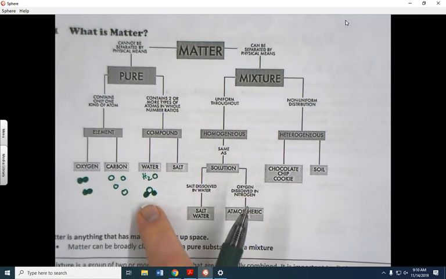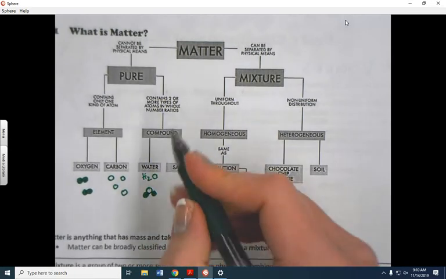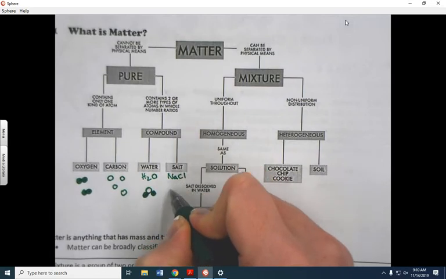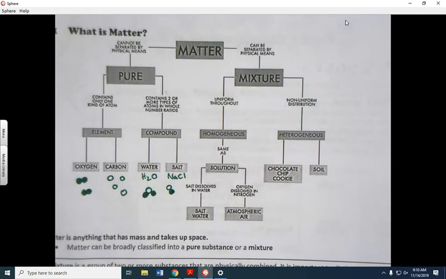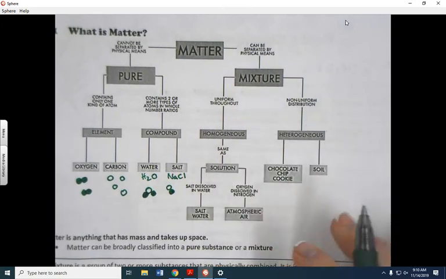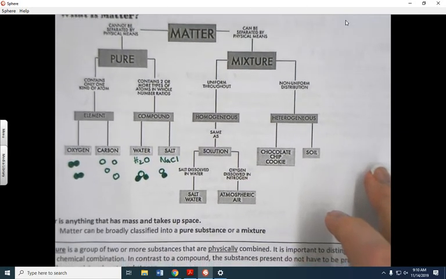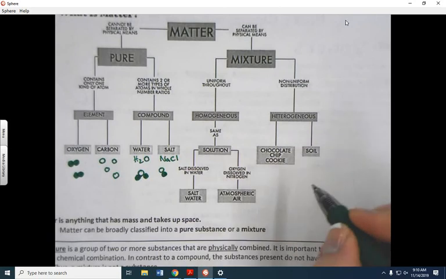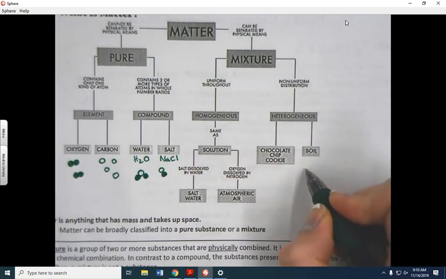In our mixtures would be multiple things together. If they were evenly distributed, then you would have a solution, but things that are not evenly distributed would be heterogeneous. So the key words you're looking for are heterogeneous, homogeneous or solution, a compound, element, pure or mixture.